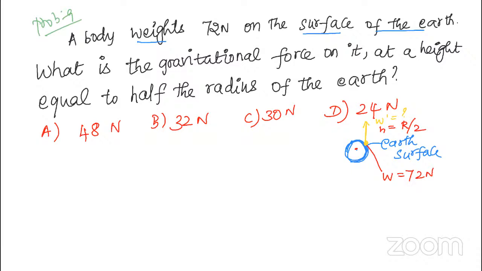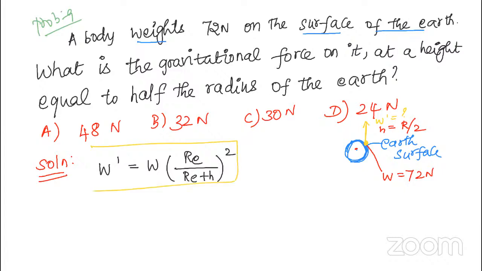Now which formula can we choose? Already we know the formula for weight: W is equal to W into RE divided by RE plus H, the whole square. This formula we know. There are two or three formulas. This formula comes from the g value; from the g value we determined this formula. So note this formula. They have given the W value, H value and R value.